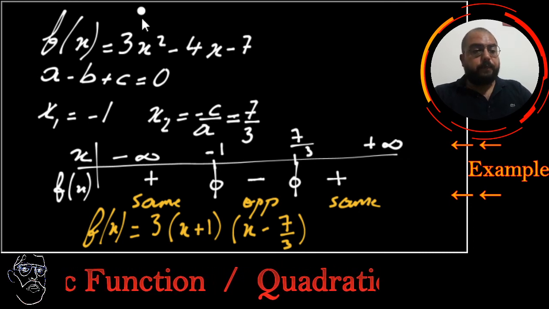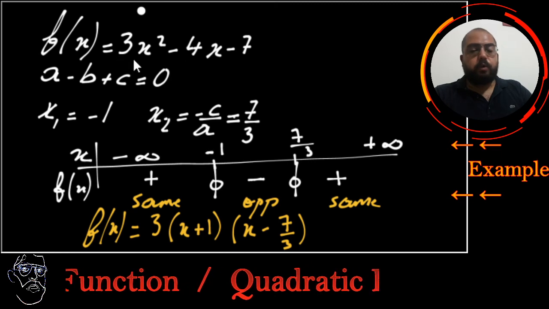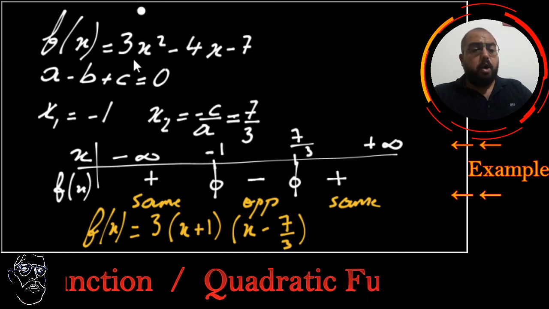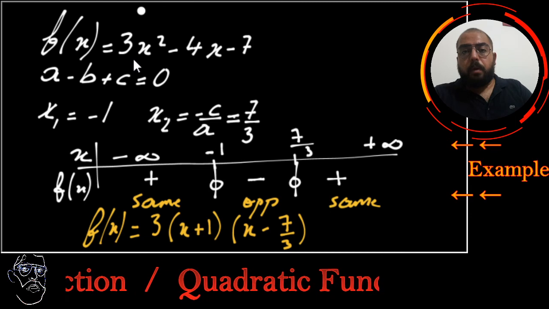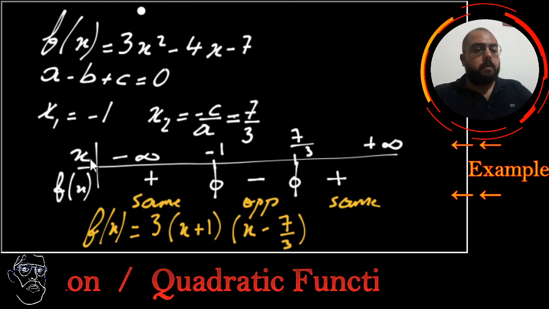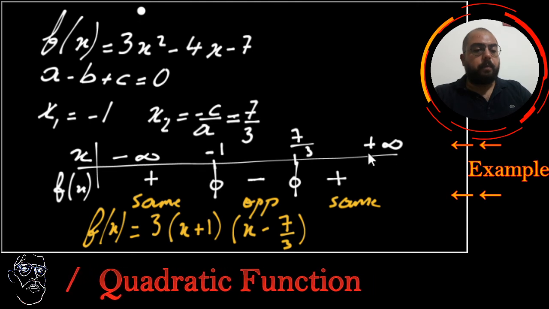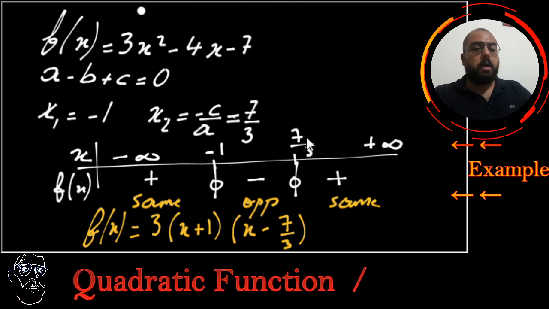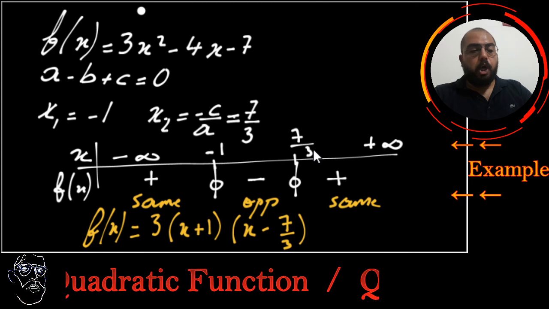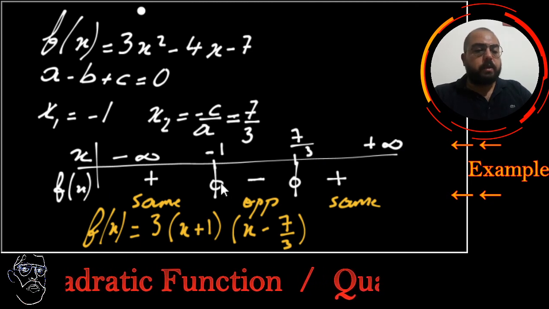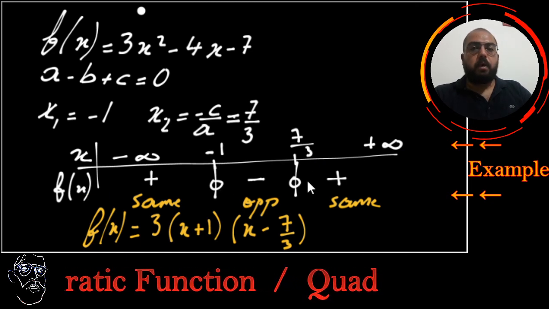I cannot say that this function will take the same sign as a or the opposite sign of a. No, I will have to go through a table. So the table is for any value of x going from minus infinity to plus infinity, passing by minus 1 and 7 over 3. The function will be 0 for minus 1 and 0 for 7 over 3.